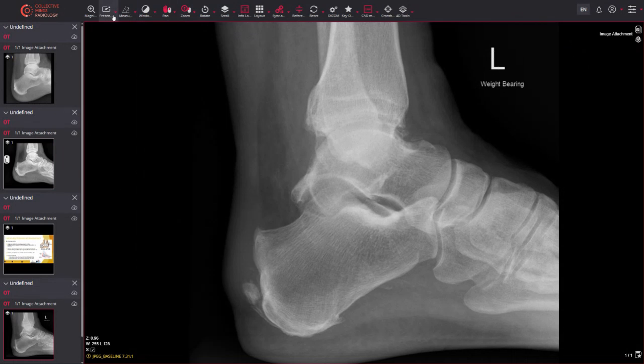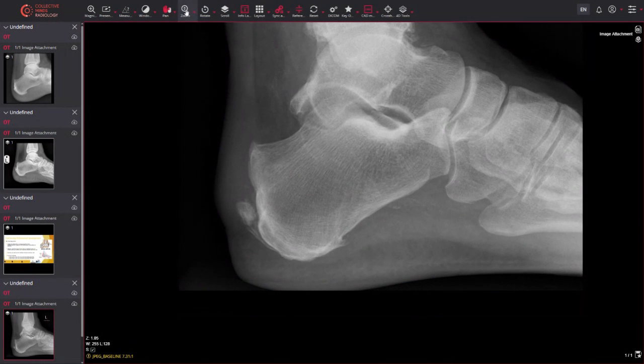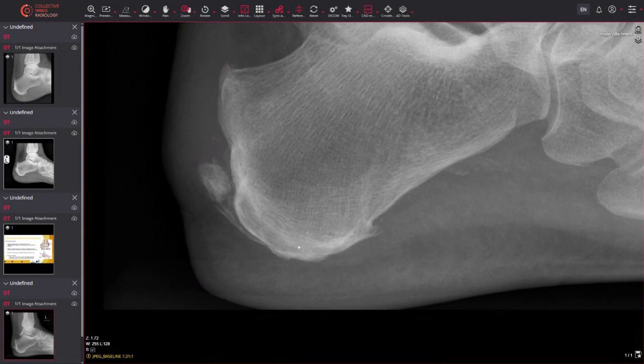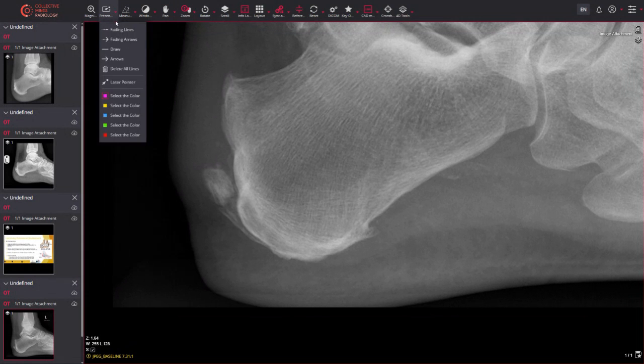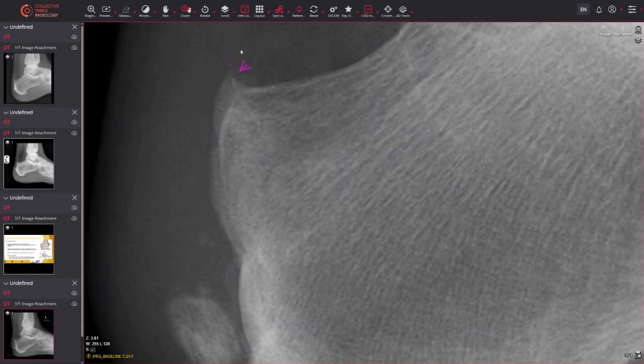And in this final example, this is a nice example of the Haglund's deformity. So if we zoom in on this, and let's just move this actually, just a minute. Let's move that up there and zoom in. This is what we're talking about. So we've got this triangular shape here at the posterior calcaneum.